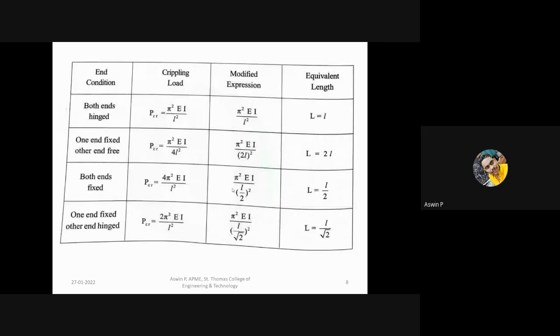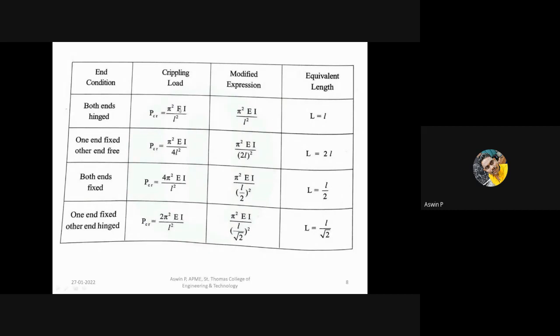Okay, so we have four conditions like this: both ends hinged, one end fixed and one end free, both ends fixed, and one end fixed and the other end hinged. In all cases, we have equations as here. You can see the crippling load will become pi square EI divided by L square.